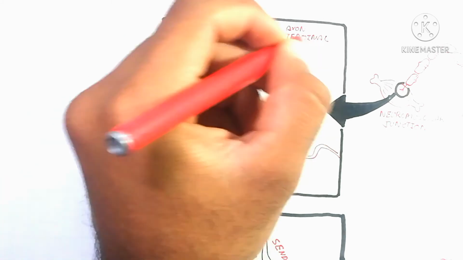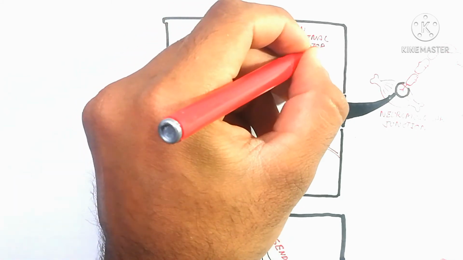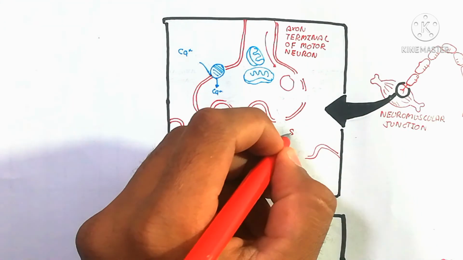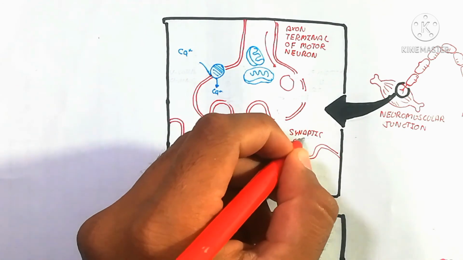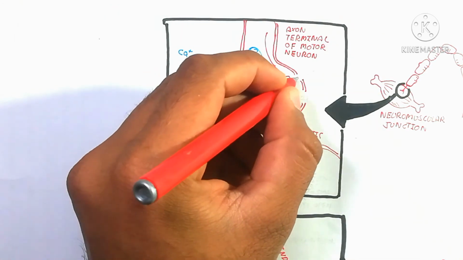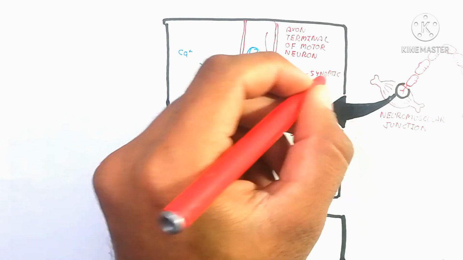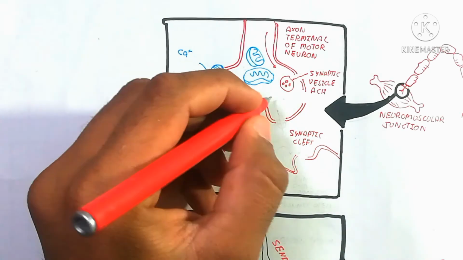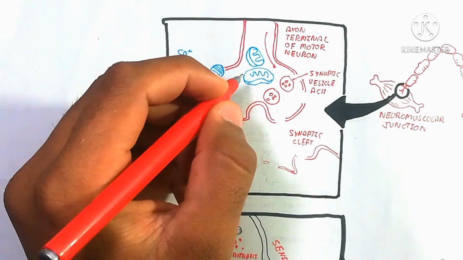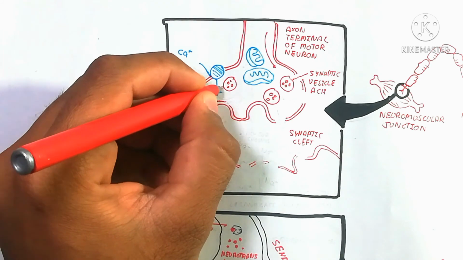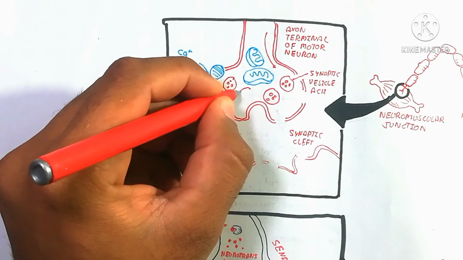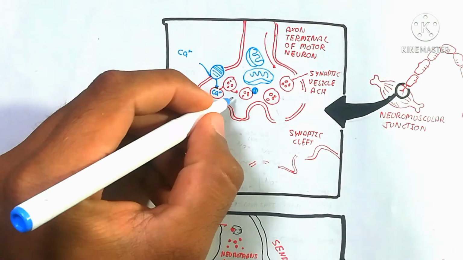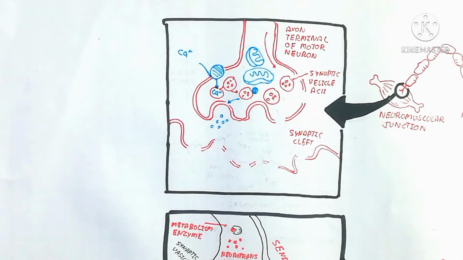So the axon terminal of the motor neuron is here, and in this synaptic vesicle acetylcholine will be formed, and the choline is here. This synaptic vesicle is formed by the acetylcholine transferase enzyme, and these acetylcholine vesicles will bind to the calcium ion, and this calcium ion will be allowed to move outside.